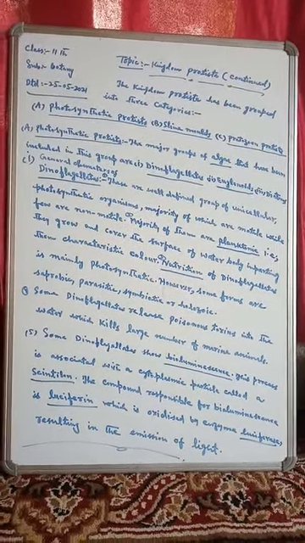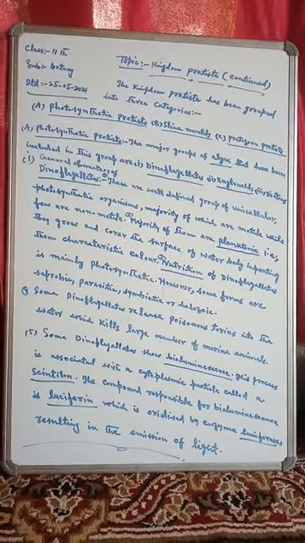So you should remember here that we are discussing the three major groups of this kingdom Protista, and we have chosen the first group, that is the photosynthetic Protists. In these photosynthetic Protists there are major groups of algae included in this group.